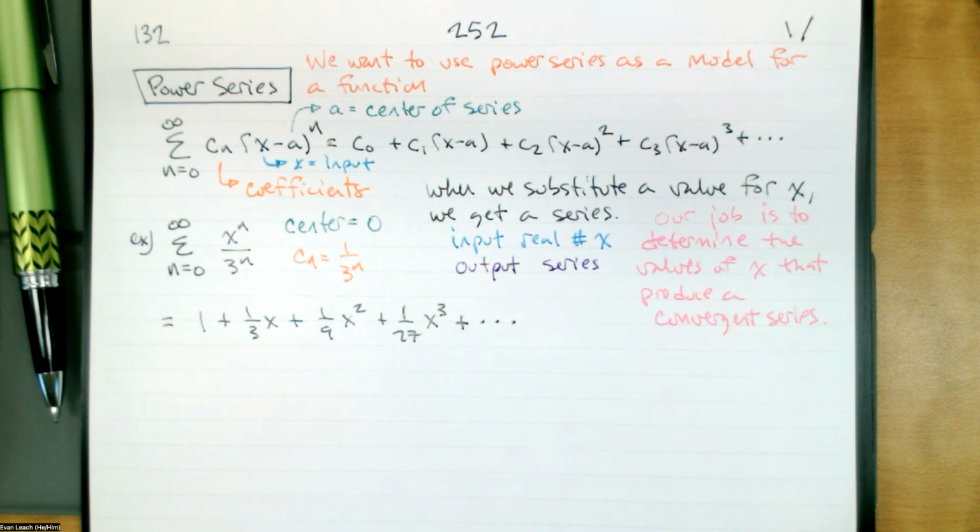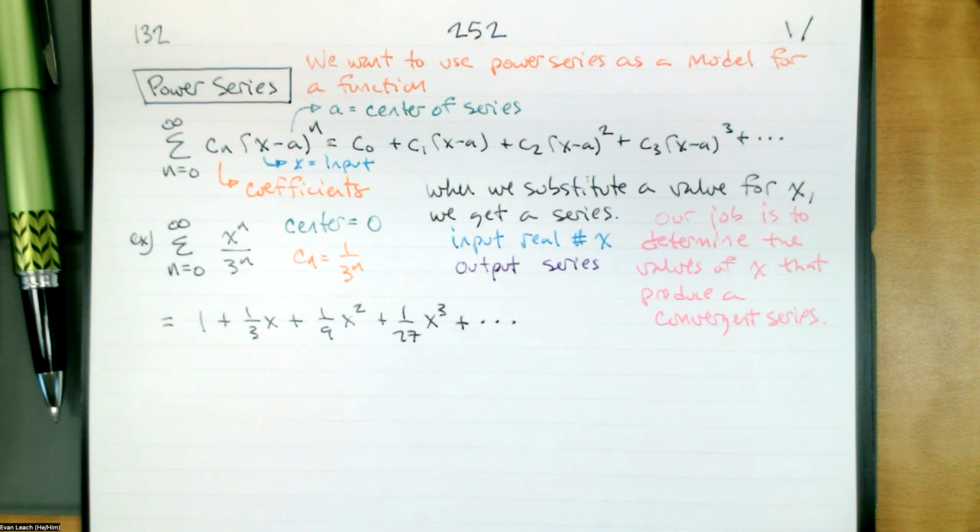Looking at these terms, we see exponential factors. x to the n is an exponential factor, 3 to the n is an exponential factor. So we know that a ratio test is a good idea here. Ratio test says absolute convergence if the limit from the ratio test is less than 1.